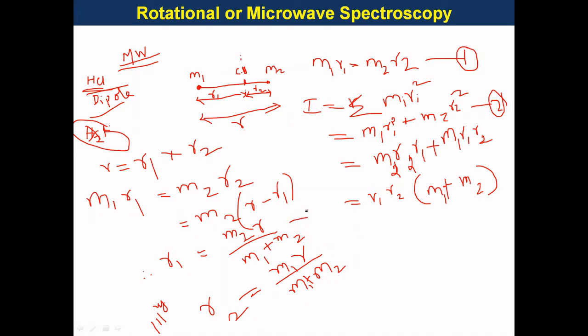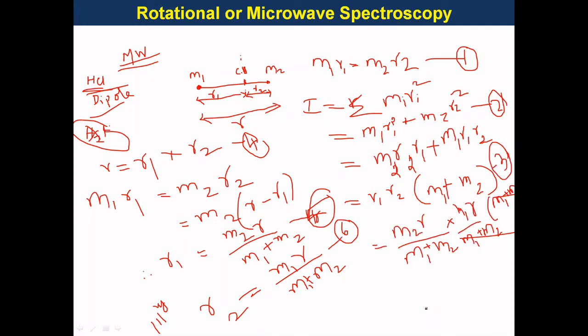Substitute the values of r1 and r2 in equation 3. We get I equals m2 r divided by m1 plus m2, into m1 r divided by m1 plus m2, into m1 plus m2.